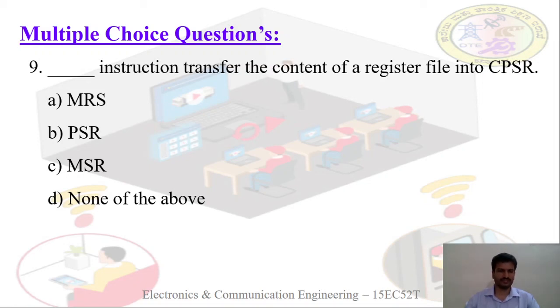The answer is C, MSR. Here in move, S is the destination and R is the source, from source to destination. So from the general purpose register to the status register, the content of the register file goes into the CPSR. So C is the right answer, MSR.